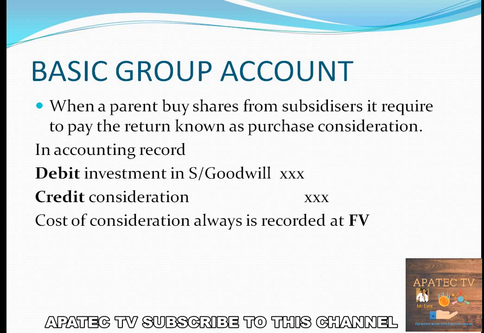Let's go to the basic group account. When a parent buys shares in a subsidiary, it is required to pay a return, known as purchase consideration. If you pay that consideration, we are required to record it. We debit investment in the subsidiary, or you can call it goodwill, and we credit consideration.